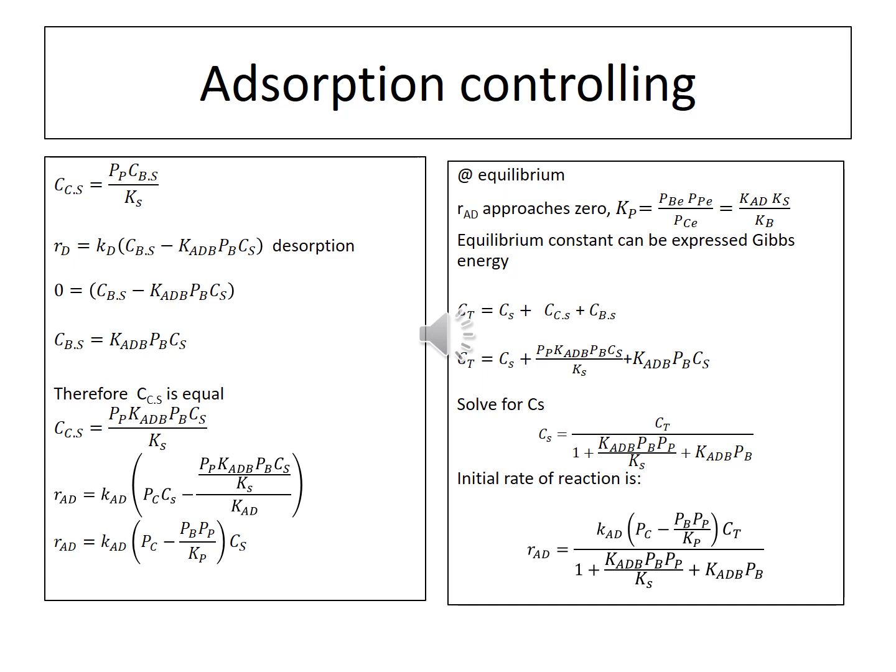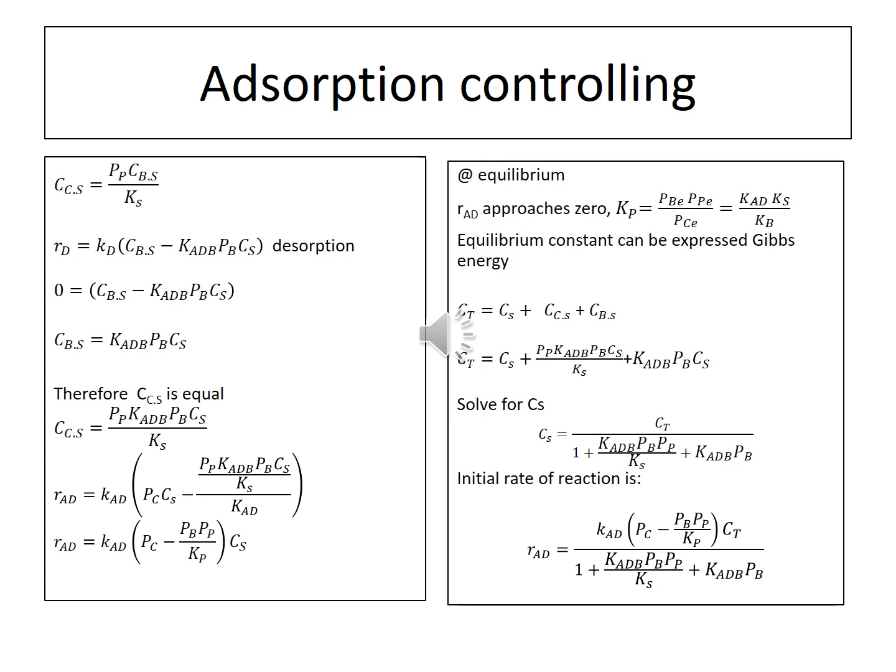Then you remove C_B·S for the concentration of C·S, and you get that equation, and then you substitute this in our overall rate of reaction, which is equal to the rate of adsorption, and we have our rate determining step.